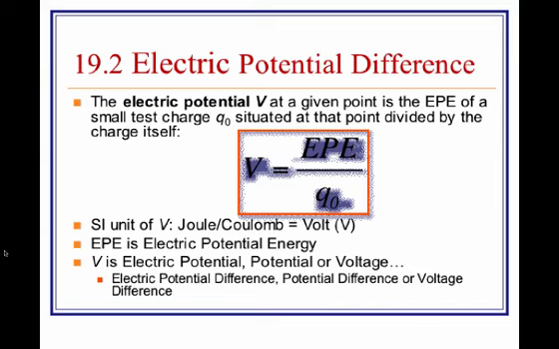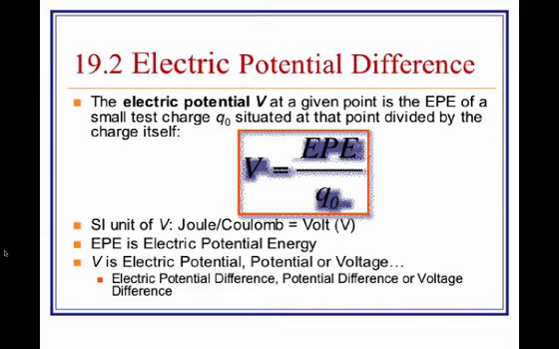Electric potential depends on the amount of potential energy for some test charge at some point within a field. The electric potential is commonly defined as the energy per charge. So it's the amount of electric potential energy divided by the charge itself. The electric potential is measured in volts.